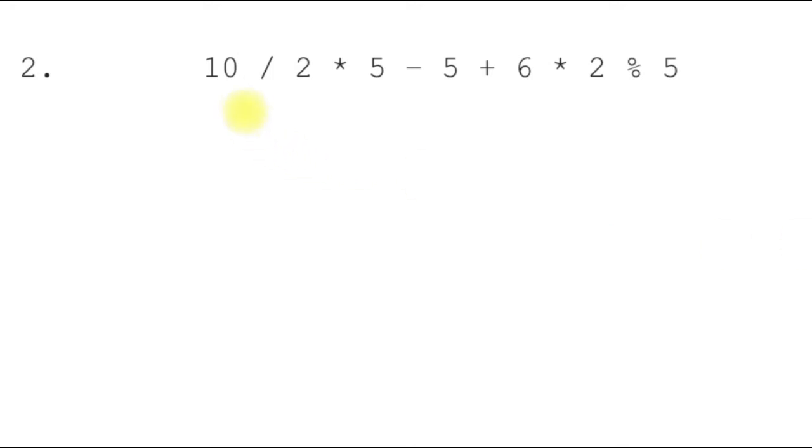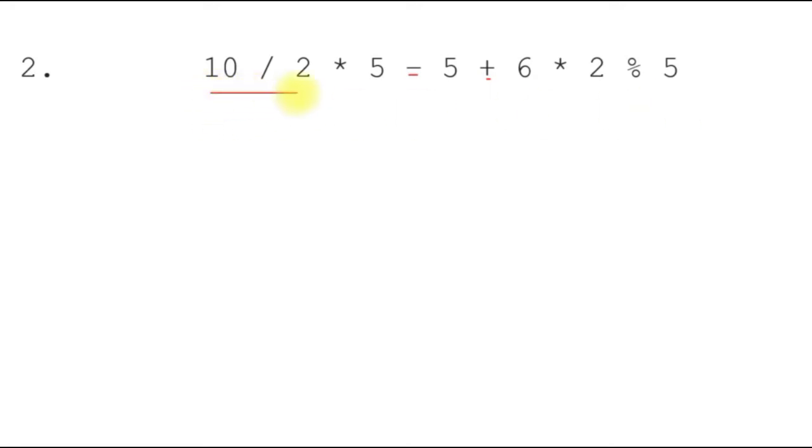Next is, paano naman pag ganito yung expression? Walang parenthesis. Wala tayong uunahin na parenthesis. Ano yung susunod? Ang susunod ay yung division, multiplication, and modulo. Kasi nga yung plus and minus naman ay laging nasa hulihan. So from left to right tayo.